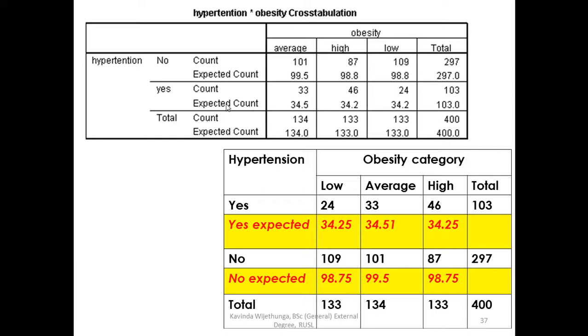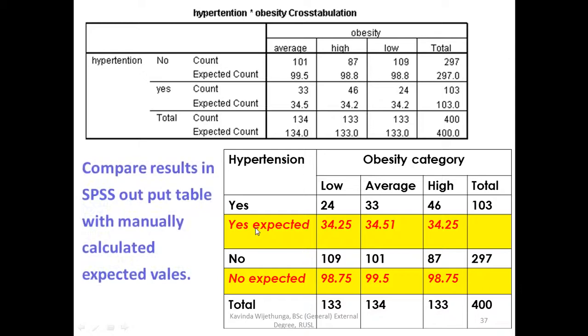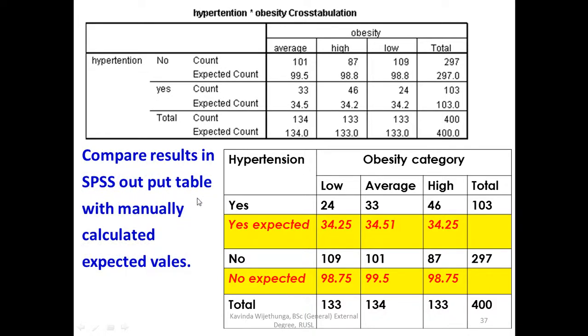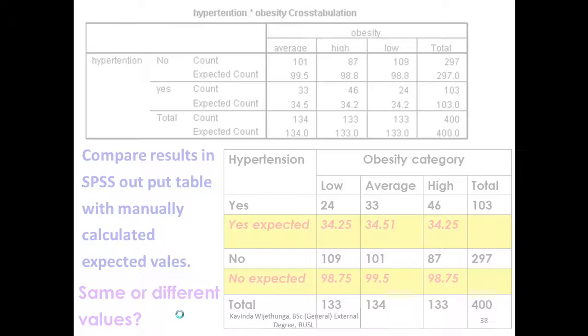You have to write the steps: row marginals, column marginals, divide by grand total, then simplify and take the value. Otherwise, if you write only the values, I will not give you the marks. Then compare the results in the SPSS output table with the manually calculated expected values.